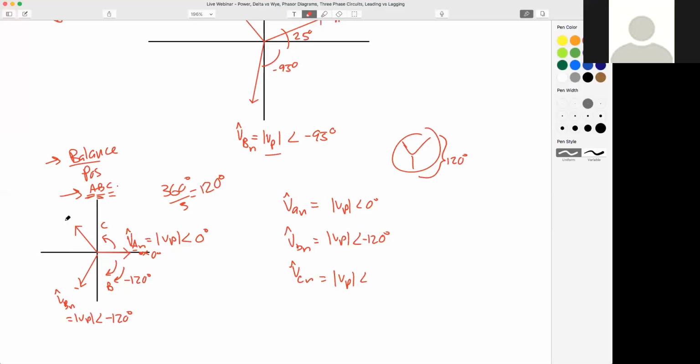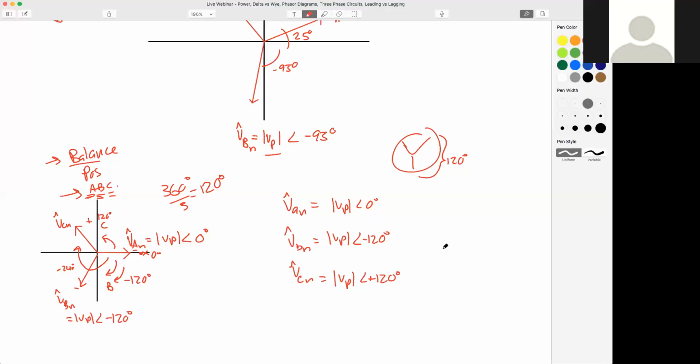So we can say that our C is equal to either minus 240 degrees if we're going from this direction, or we can simplify and say he's really plus 120 degrees this way. So our VCN would be plus 120 degrees.